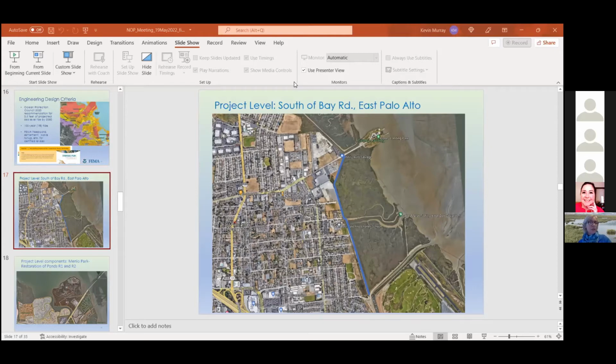The search included the 2016 alignment plus a 100-foot buffer on either side as a safety factor. In fact, we do not plan to acquire any properties as part of the Safer Bay project, but we will need easements for the project, including short-term for construction as well as long-term operations and maintenance. Next slide.